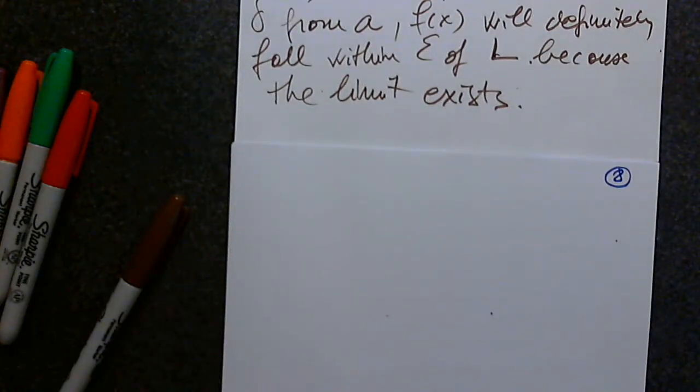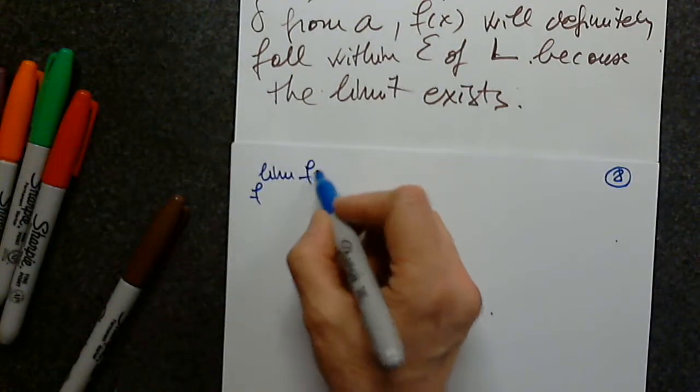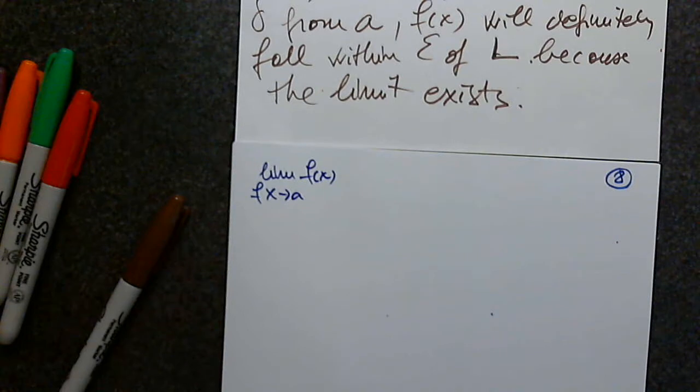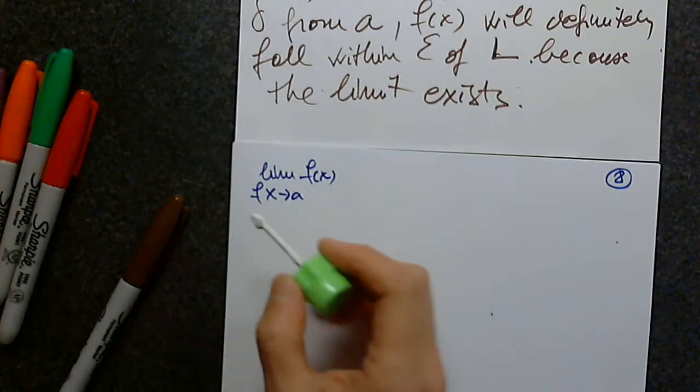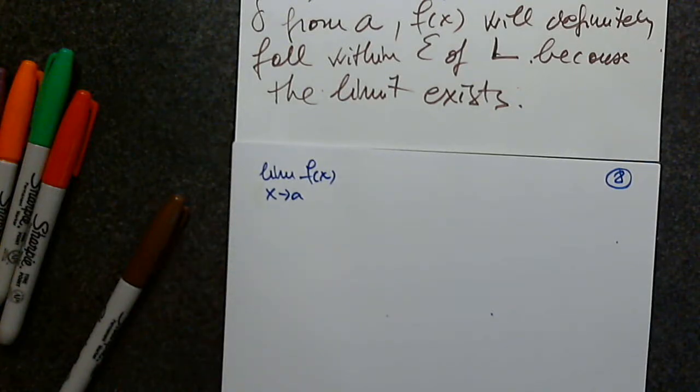It's also in your text, and it's also on the checklist. Here it is: limit as x approaches a from the other side is L is equivalent to the following.